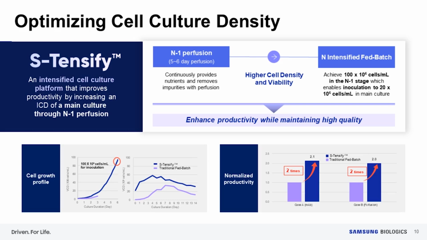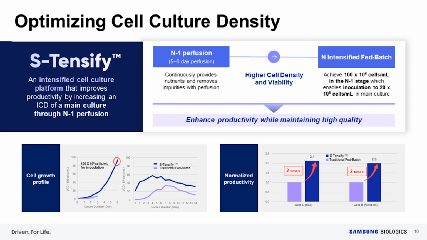Recognizing the need for more efficient and scalable solutions, Samsung Biologics has developed S-Tensify, our platform that leverages the intensified fed batch approach. S-Tensify is specifically designed to overcome the limitations of traditional methods, optimizing cell culture density for high-quality production.